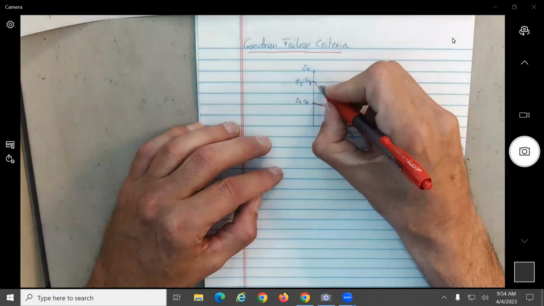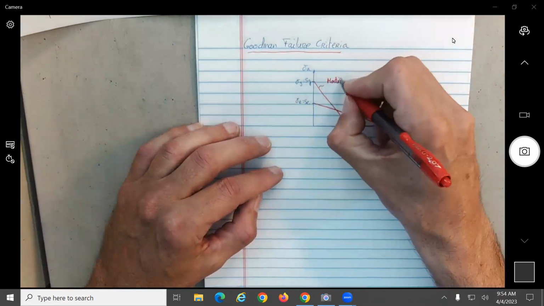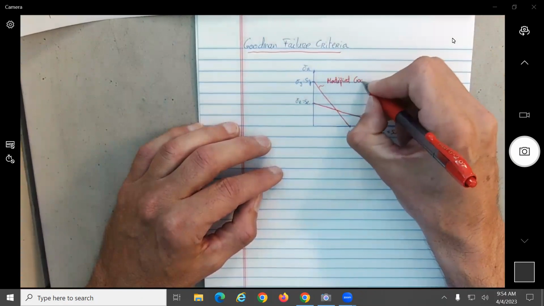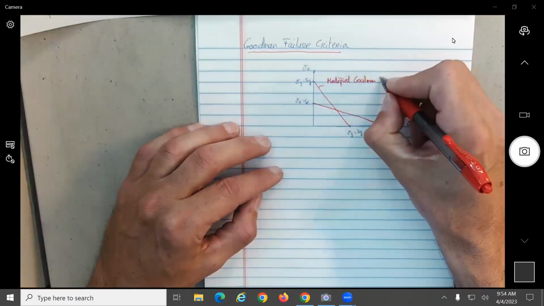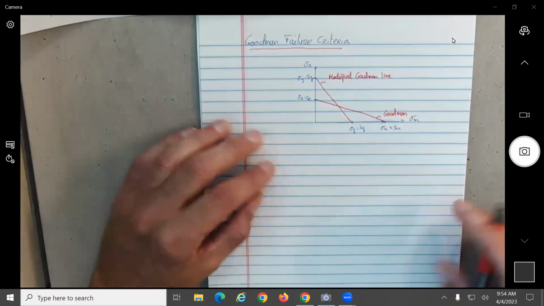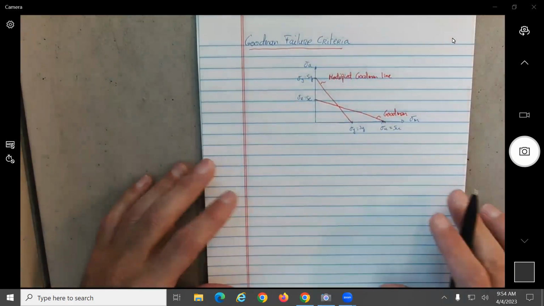And this one was known as the modified Goodman line. So now we need to look at the criteria. All right, so again, this is kind of a review.